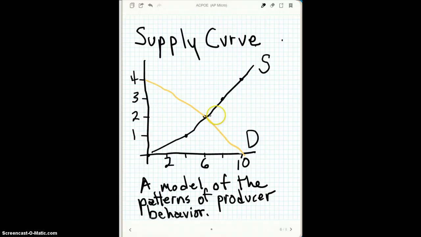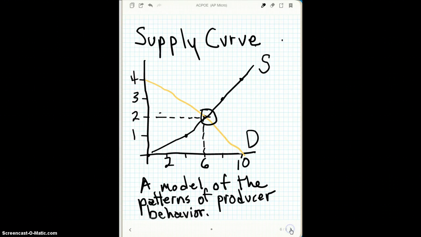And notice something in our made-up numbers here, our hypothetical numbers. They intersect at a price of 2. At a price of 2, both the quantity demanded and the quantity supplied is 6. So the supply curve, the black curve, is a model of the patterns of producer behavior.